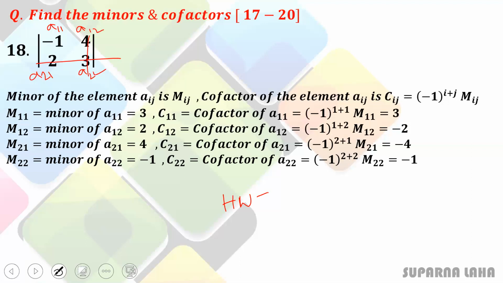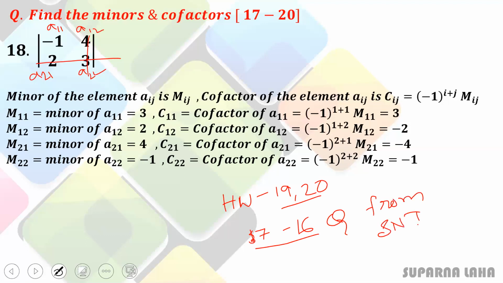Question number 19, 20, and with this one, the remaining questions from 7 to 16, all the questions from S and D. Try to solve this remaining portion of questions and this 19 and 20. If any problem, any doubt or any queries are there, you are free to ask. Thank you.